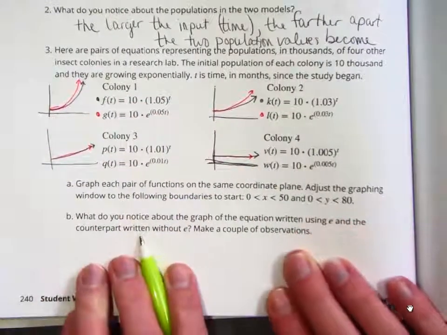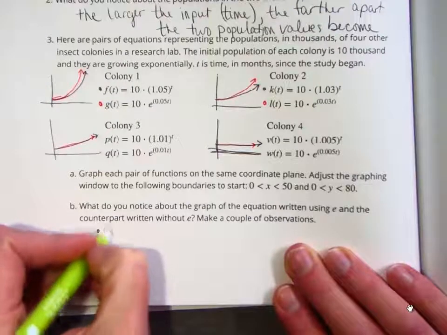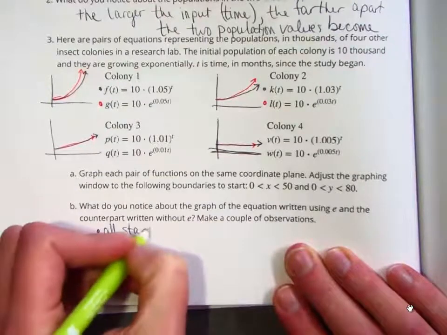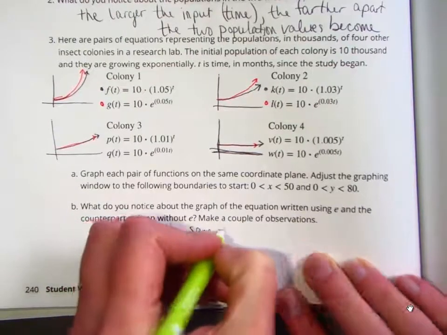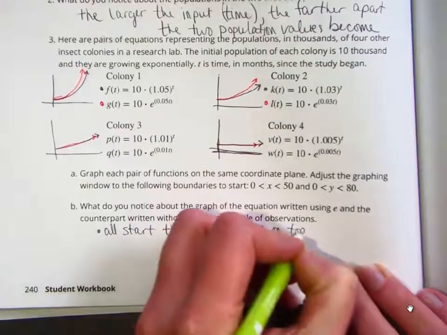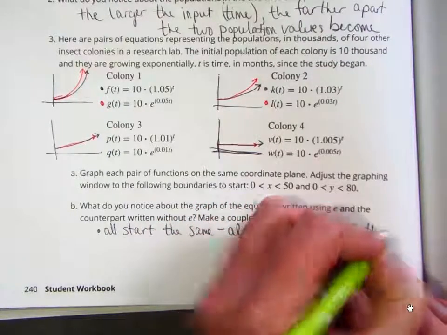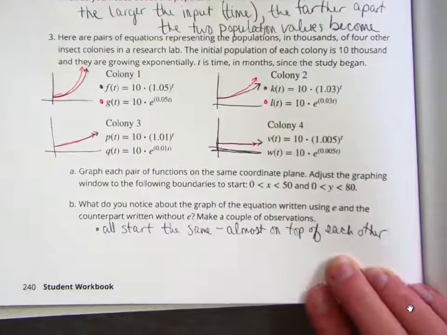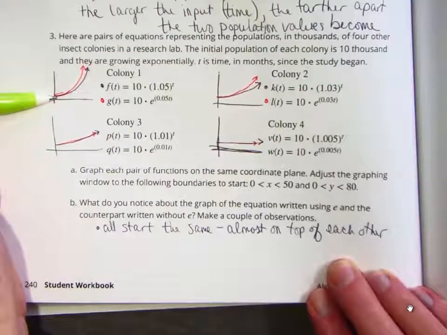So when I look at some things that I notice, they all start very similarly. Almost on top of each other. So each pair starts off almost on top of each other.